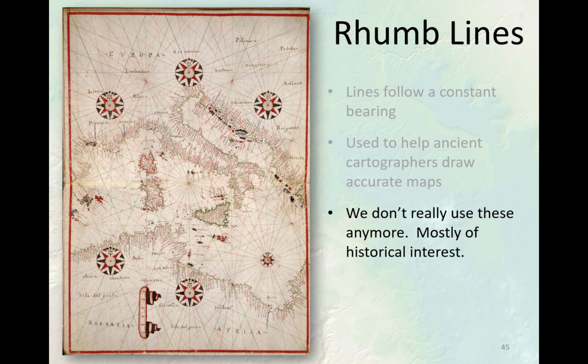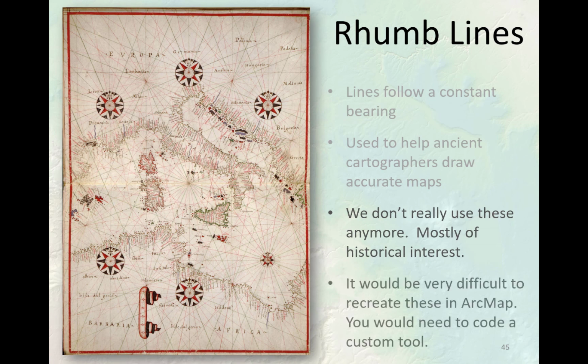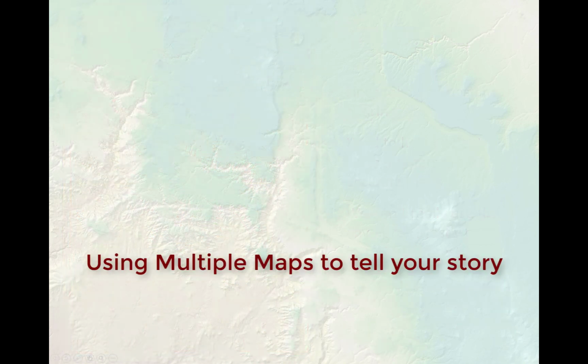They're mostly of historic interest. And it would be really tough to make these in ArcMap. There's no standard tool to do it because really, most professional cartographers these days don't need them. You could make a tool that would draw them, and it might be kind of fun for graphical interest. So they're neat, but like I said, they're not really used much anymore.